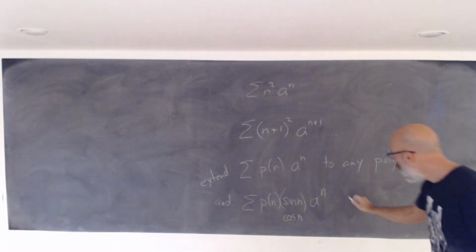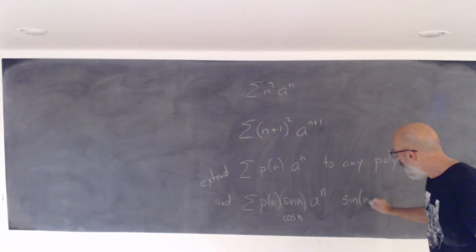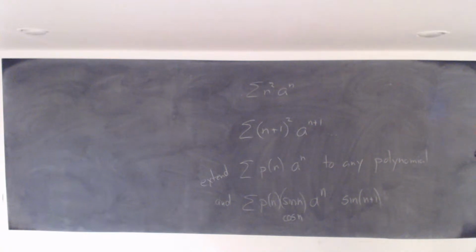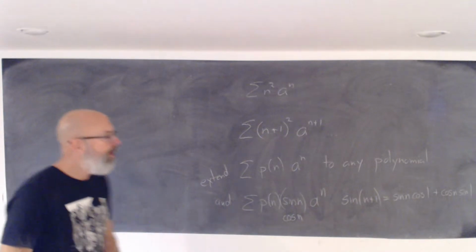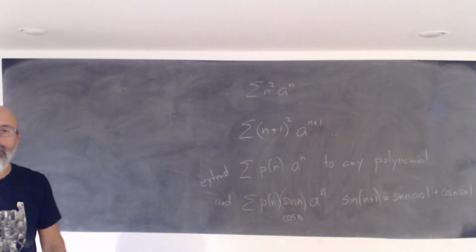You're going to use the fact that sine of n plus 1 is sine n cos 1 plus cos n sine 1. The sum and difference identities for sine and cos, everything generalizes nicely.